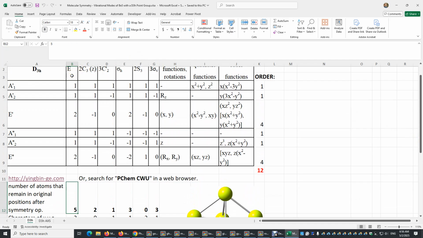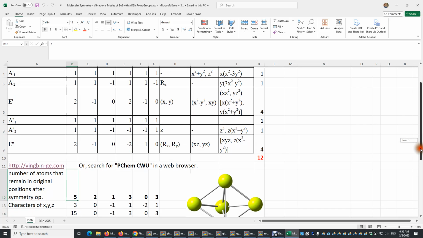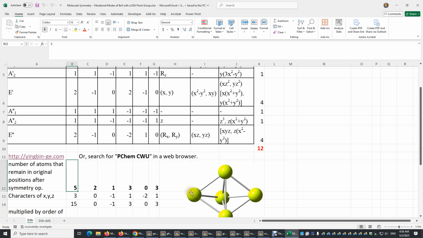If you do nothing, all 5 atoms remain in their original positions, so you put 5 here. C3 rotation. After the rotation about the principal rotational axis, only these 2 atoms remain in the original position. This one on the left, this one on the right, so you put 2 here.